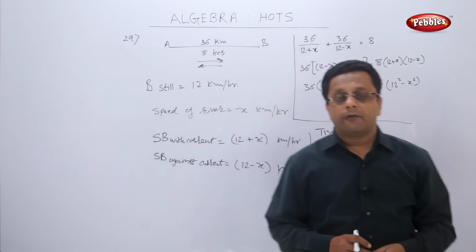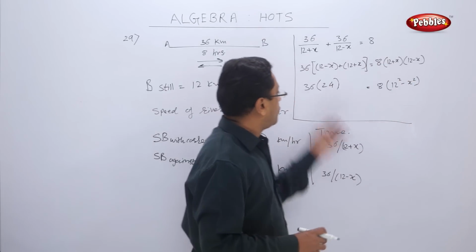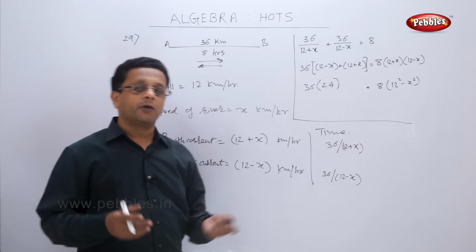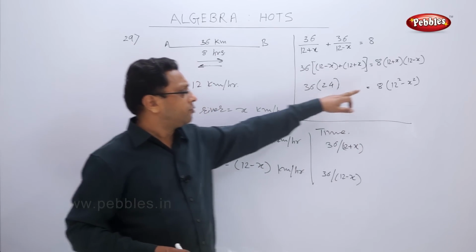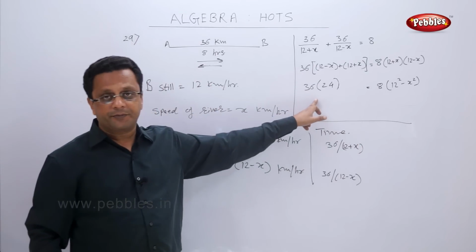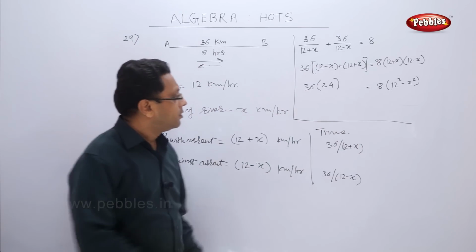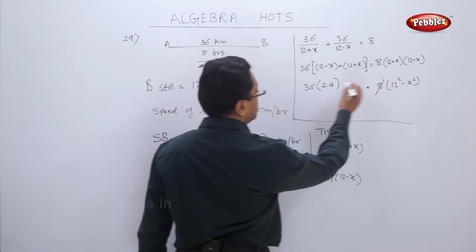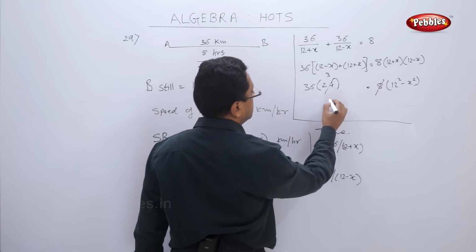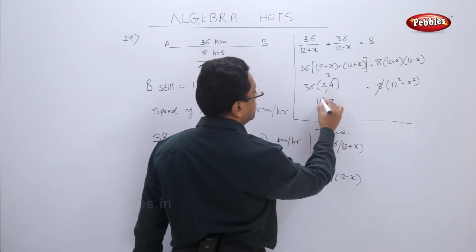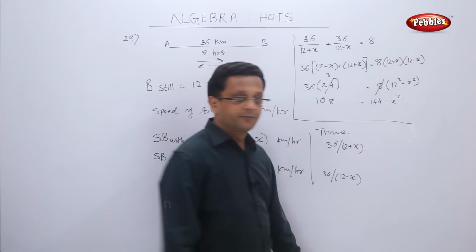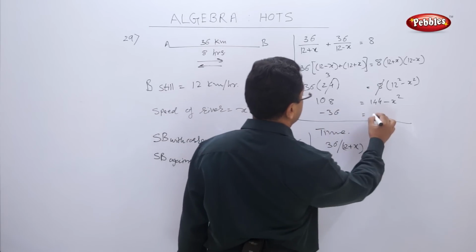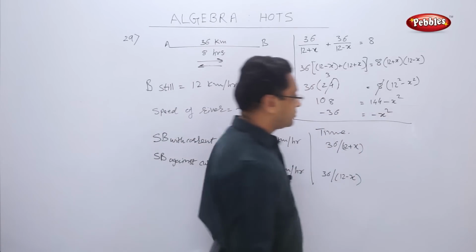And when you give the simple form to this equation, that will be the simple form of quadratic equation. Rather you can just divide this, you can take this 8 to this side. If I take this side, I have 3 into 36 equal to 144 minus x square. Minus 36 is equal to minus x square.